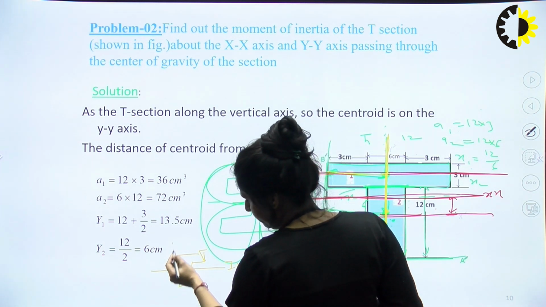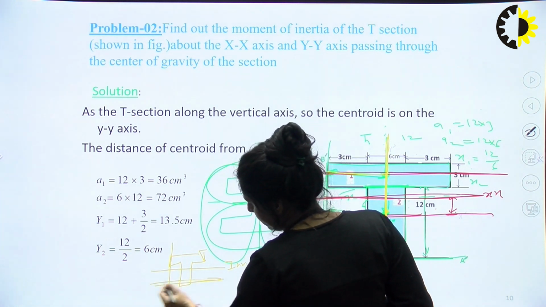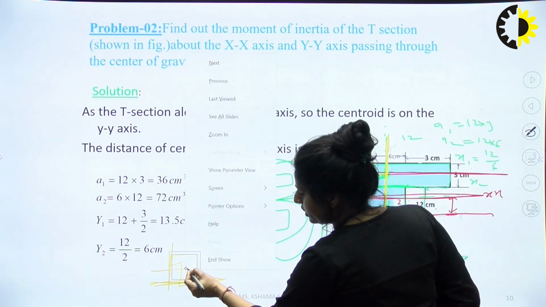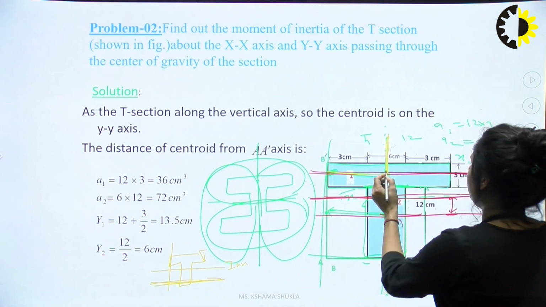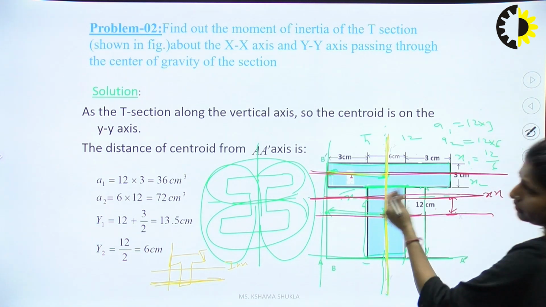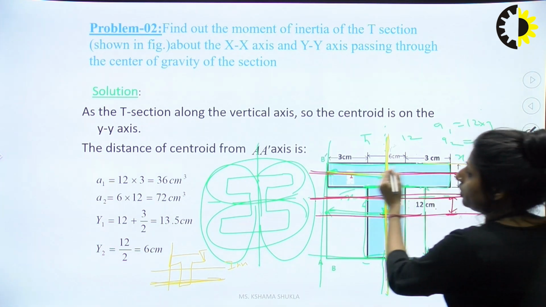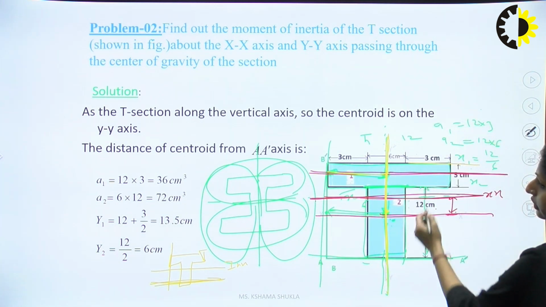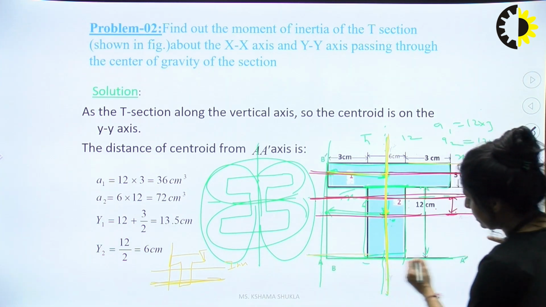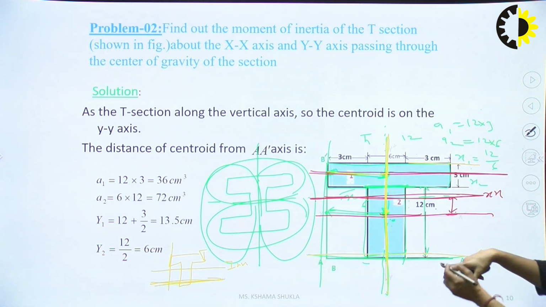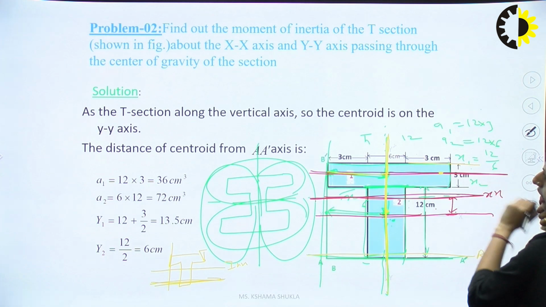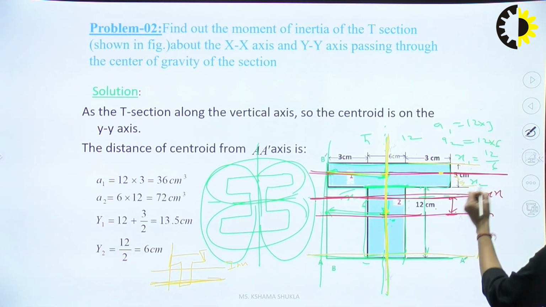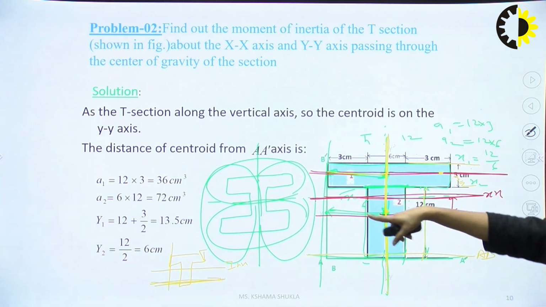At that time, take the extreme bottom and make all these values extreme bottom values, like for one section. In this question I will take the value from the bottom. See, it is our reference axis AB. So the centroidal axis lies here. This value is 3 by 2. Add it to 12 and you will get Y1.